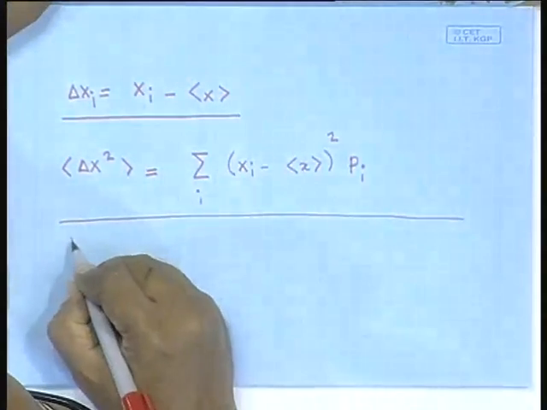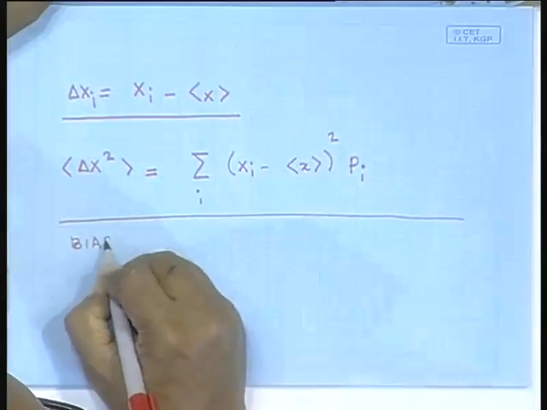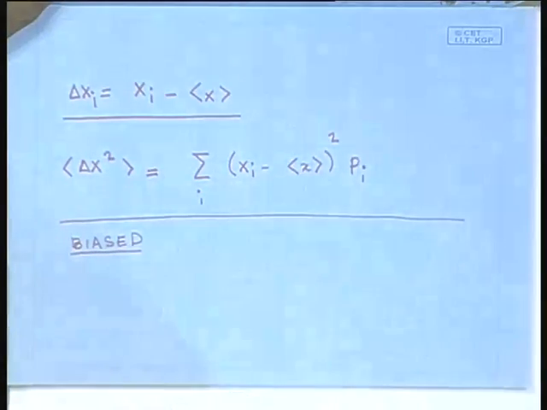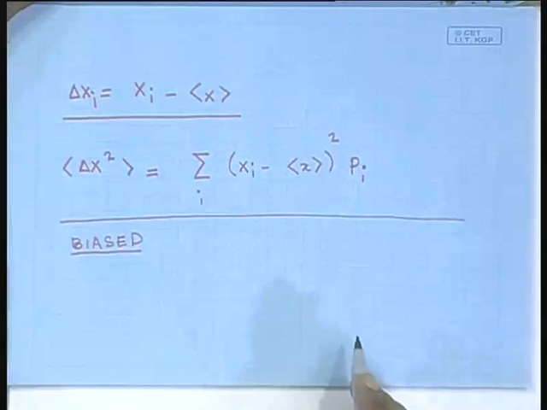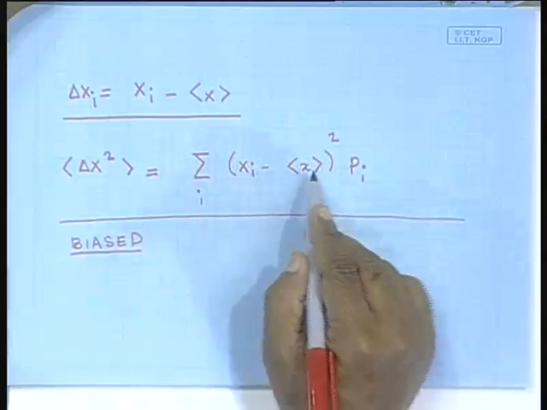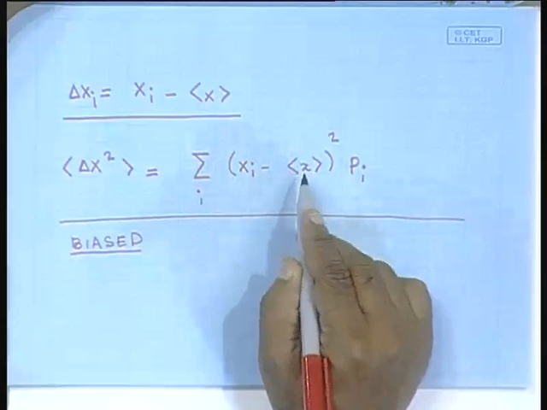So, for the biased dice, there are only two possible outcomes, 3 and 4. If I have 3, then the deviation from the mean value is 3.5.